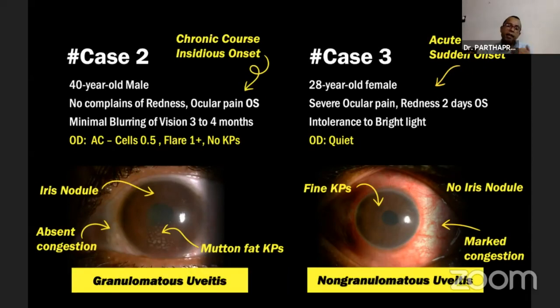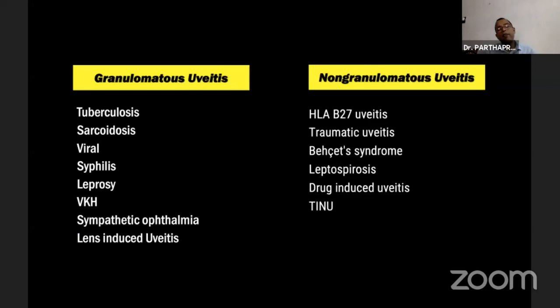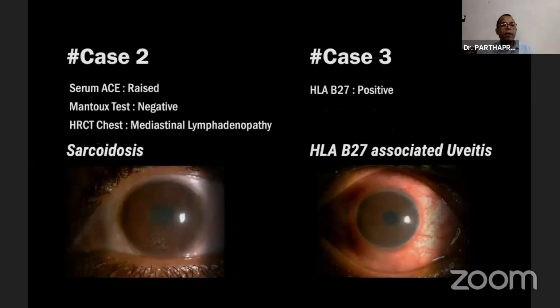So based on that, now we know there are certain phenotypes or certain diseases which can present with granulomatous uveitis and certain diseases which can have a picture like non-granulomatous uveitis. The same thing I applied and investigated the patient, and the first patient was diagnosed as sarcoidosis, and in the second patient we found HLA-B27 positive.